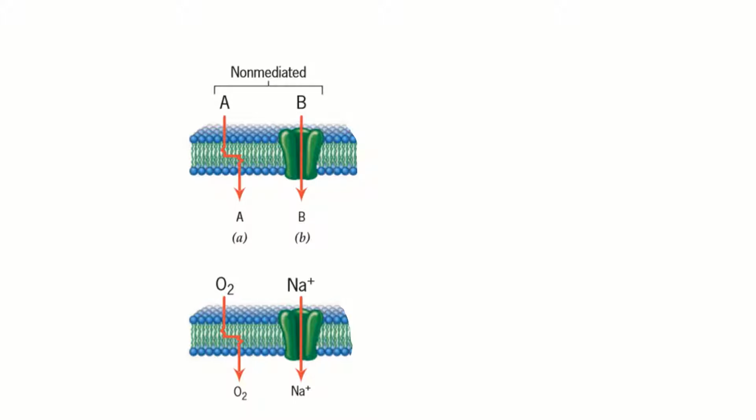So here we can see in letter A that the substance actually just goes through the cell membrane without any special pathways. Okay? So it just diffuses through the cell membrane. So this is simple diffusion, as shown here in our example below of the oxygen gas. So oxygen is able to diffuse from higher concentration on the outside.